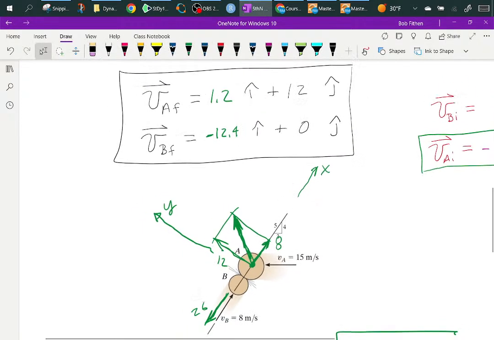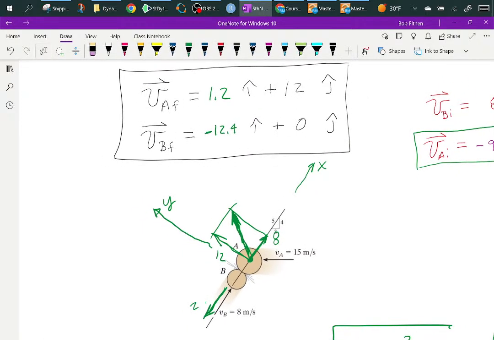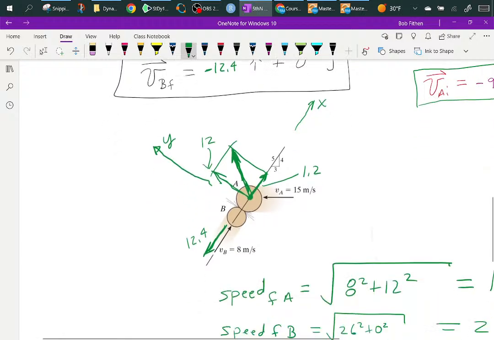So, redoing the diagram, then these values are different. Okay, so the B returns back the other way, and it returns 12.4, and this one does return this way. However, its scaling is quite a bit different. This is 1.2, and this right here is 12.